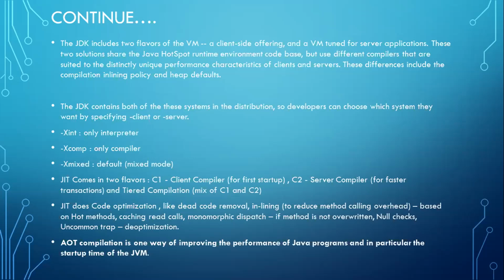What Java came up with: if you are executing the same piece of code multiple times, it automatically becomes a hot method. And it provides an implementation called Java just-in-time compilation, so that it intelligently detects if a method or a piece of code becomes hot, which means it gets executed multiple times.